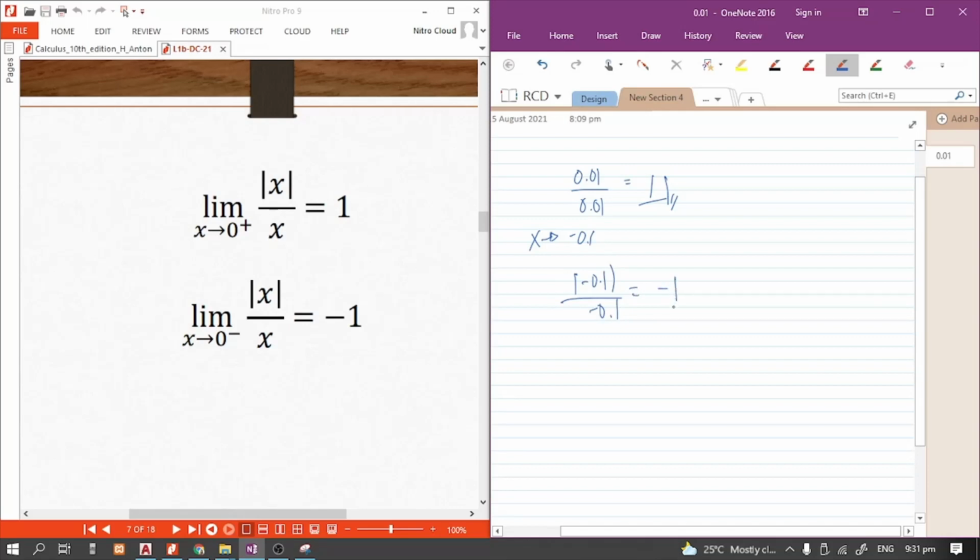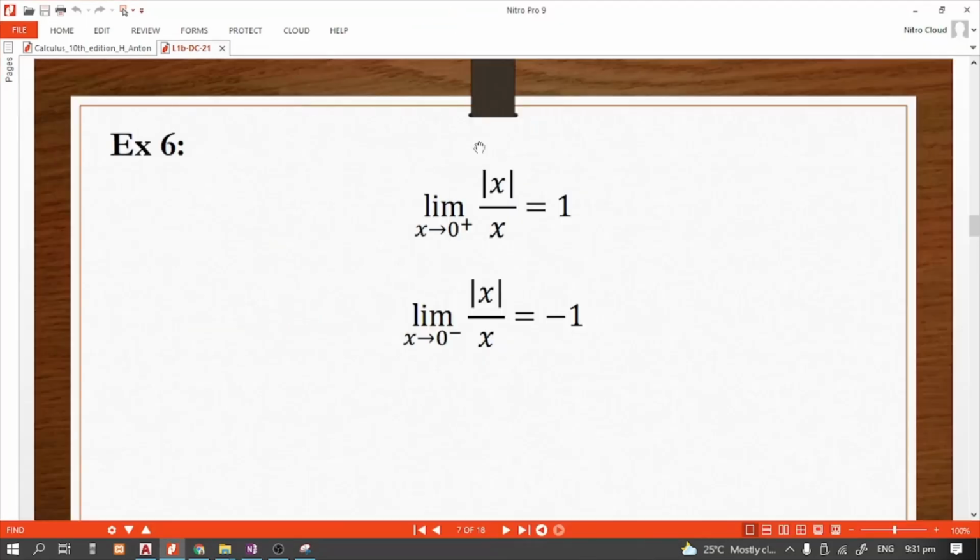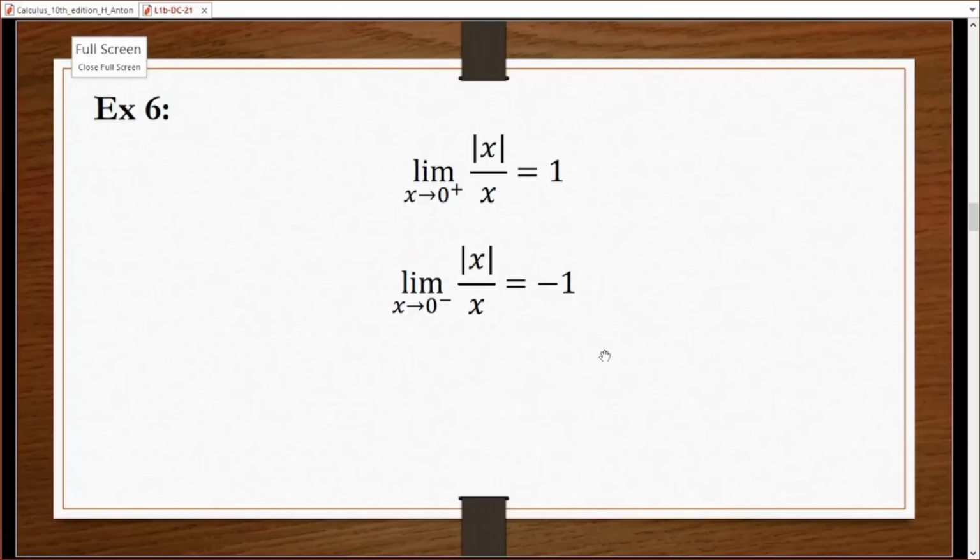So this is equivalent to negative 1. So you can notice that there is a difference between the two one-sided limits.